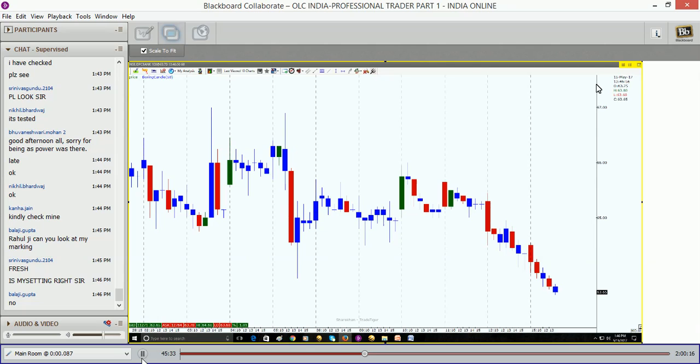Look carefully, Balaji. That blue candle has come inside your zone and tested it. After your leg out, I'm talking about the third zone. After your leg out, can you see the blue candle has come, touched it, and then prices have gone down?